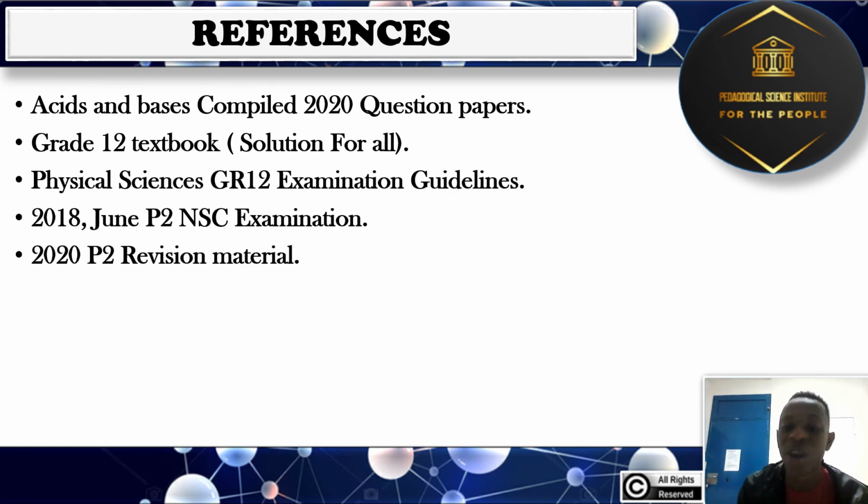You can find all the content you need. And the Physical Sciences Grade 12 examination guideline, 2018 June Paper 2, which was an SC examination, and 2020 Paper 2 revision material. Many of our calculations were extracted from that material.